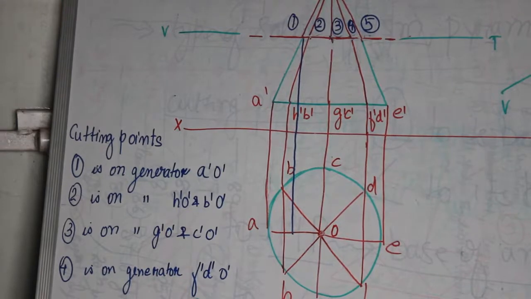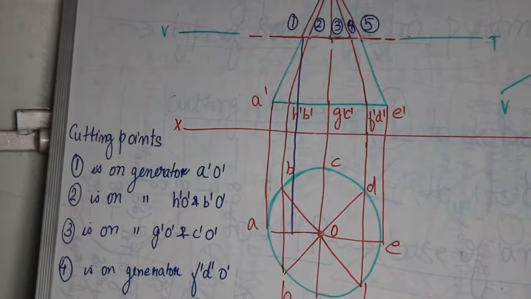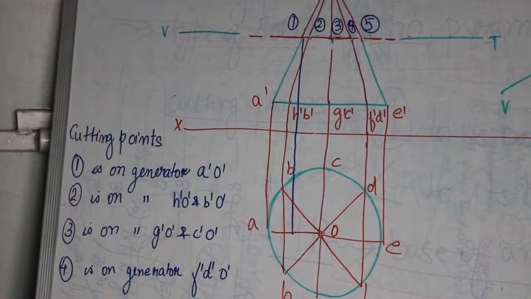In a similar way, we'll take all the straight line projections from cutting points 2, 3, 4 and 5 and drop those projections onto the generators.